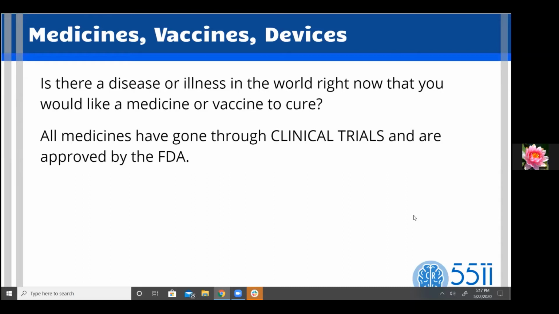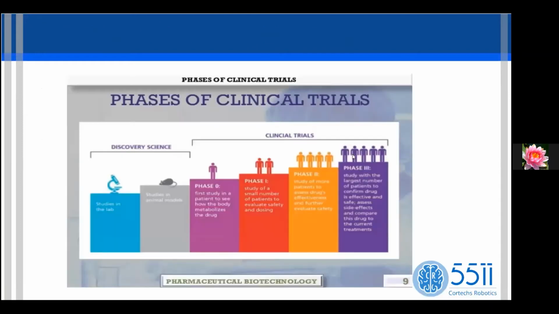And the FDA stands for the Food and Drug Administration. So let's go to the next slide, and we'll get an idea of what it takes for a drug, vaccine, also devices. So pacemakers, a lot of the biomedical engineering devices have to be approved by the FDA.